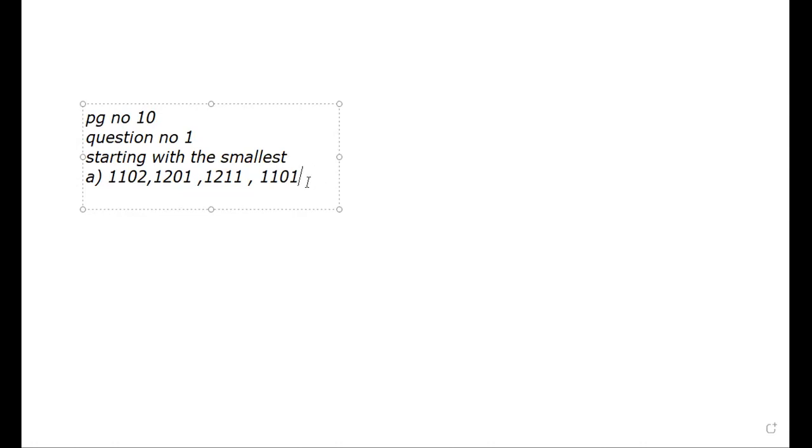Starting with the smallest numbers. So now we have to find which one is the smallest. This one is 1,000, the next one is again 1,000, again 1,000, and again we have 1,000. Now we are going to look at our 100 value.